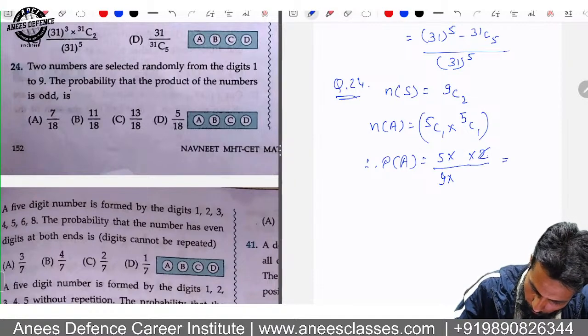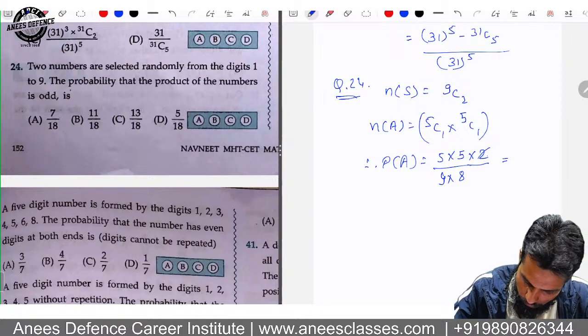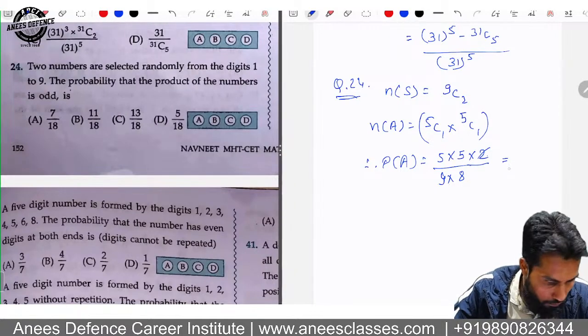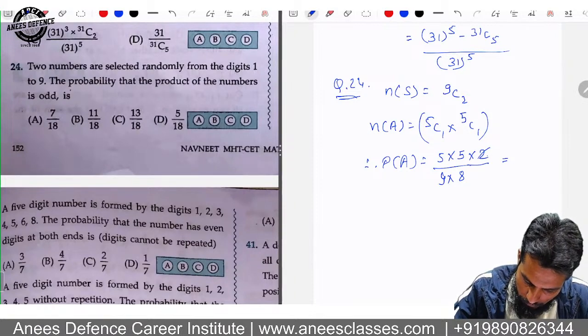Here it will be 5 again. Here it will be 8. So for 24, your option was 5 by 18. 5 by 18. 9 into 8.